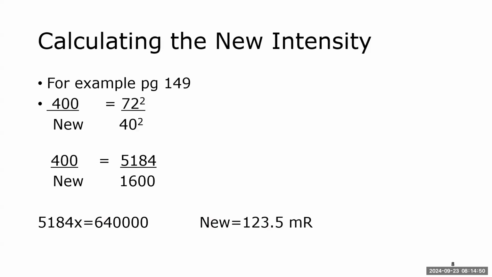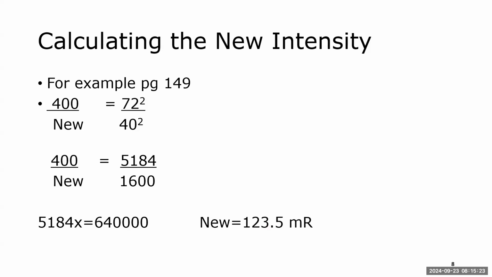I hope this page number is right. In your Faber book, there was an example of how to solve an inverse square law problem. You just plug in what you know. As long as you know 3 out of the 4, you can figure out the 4th variable. In the example on page 149, 400 MR is the old intensity.